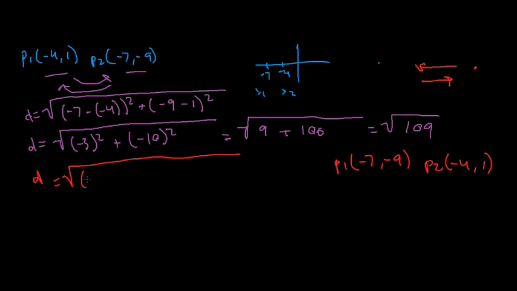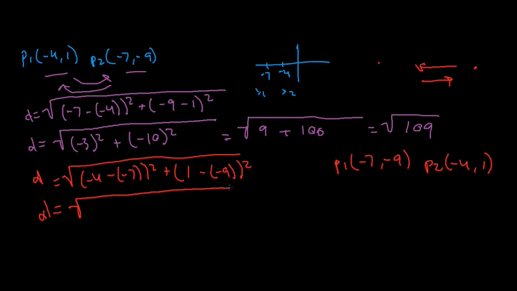So we have minus 4 minus 7 squared plus 1 minus 9 squared. So when we simplify, we're going to get minus 4 minus 7. So this is positive 3. And 1 minus a minus 9, that's just positive 10.